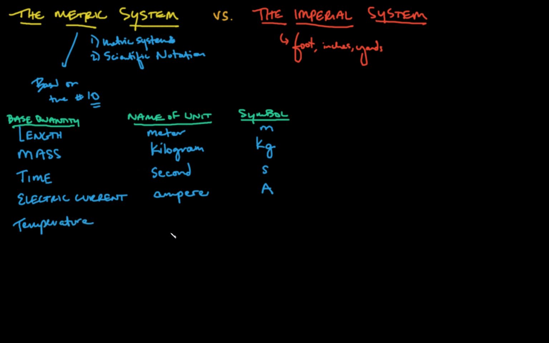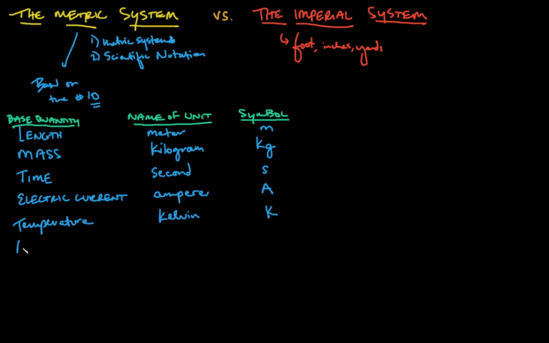You might know two units, Fahrenheit and Celsius. But we don't use either of those. We use Kelvin, and we abbreviate that with a capital letter K. There's no degree sign, it's just Kelvin, okay?